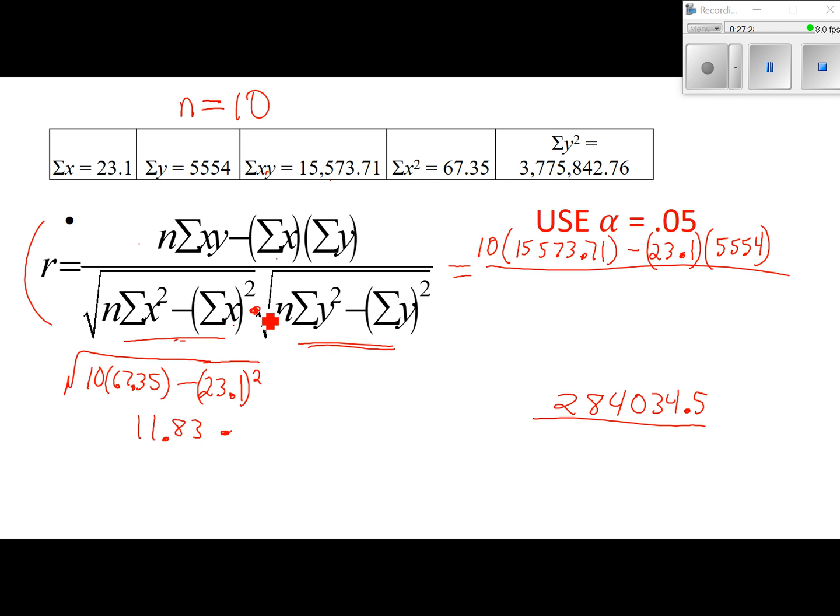Now I got that number in my calculator, and because I'm multiplying it times this thing, I'm just going to hit times, and then plug in all of the second part.